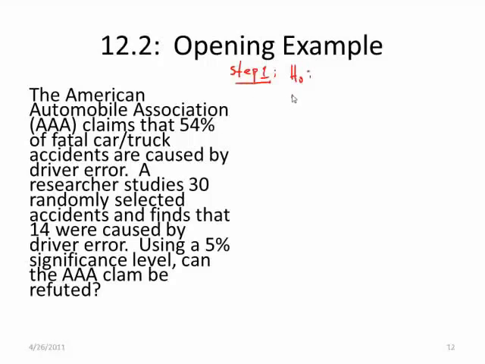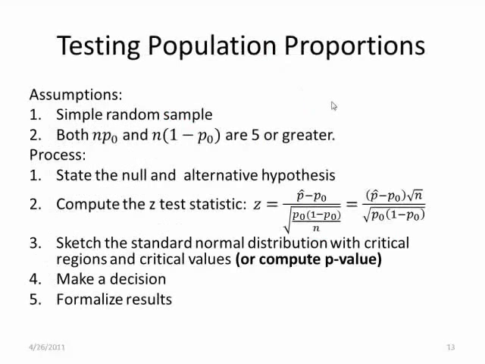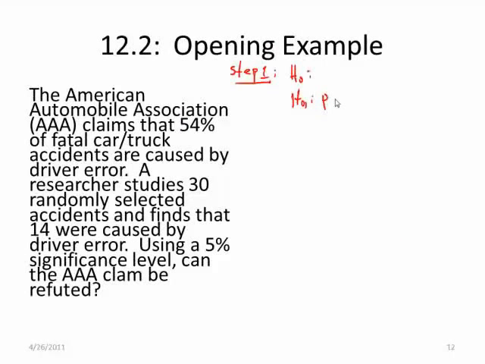The alternative. So the alternative is p does not equal 0.54. So that means the null has to be p equals 0.54.